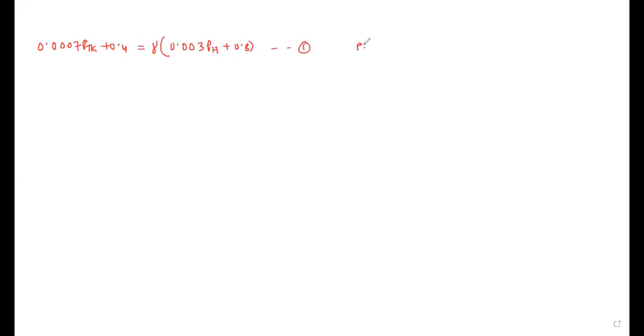Second equation is PHK plus PTK minus PDK equals to 0. So there could be many ways to find out the expressions for PTK and PHK. There could be substitution process, or we can form the matrix and you can take the inverse of the matrix and try to find out the expressions.